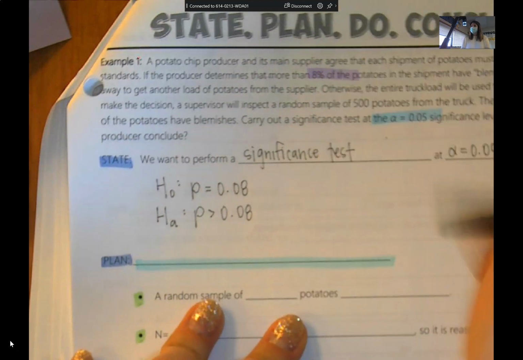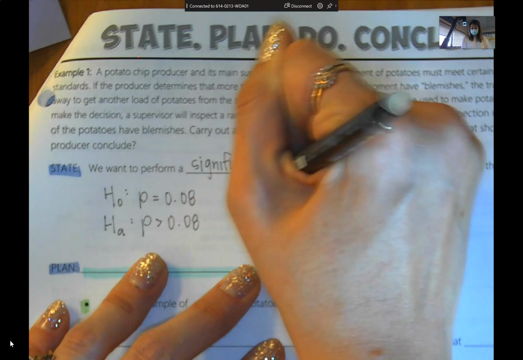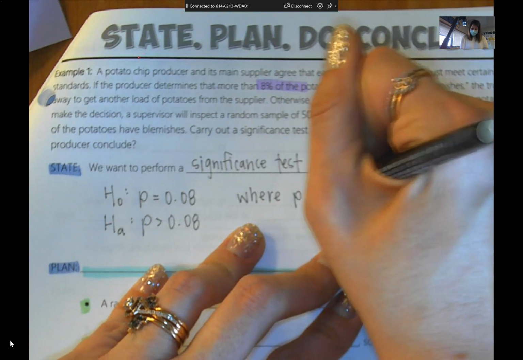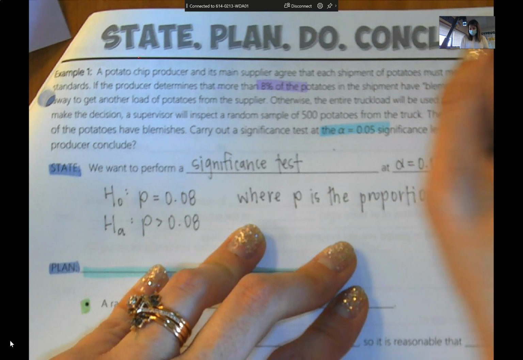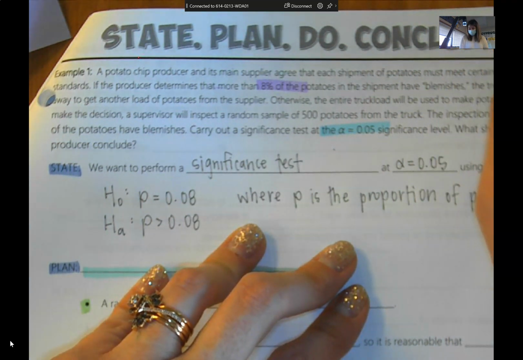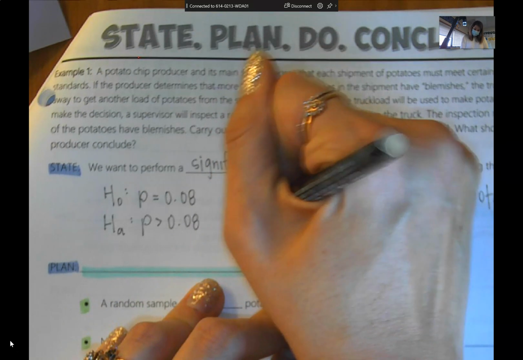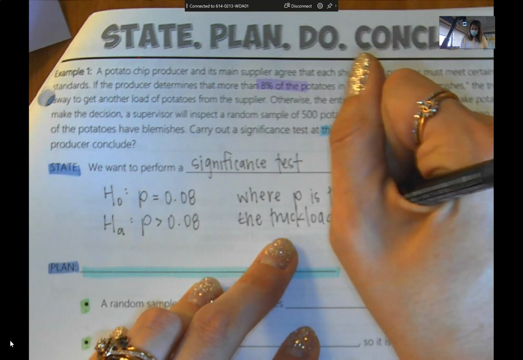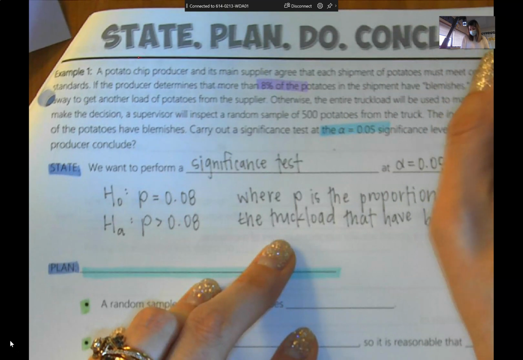Over here, we have to define our parameters. So where P is the proportion of potatoes in the truckload that have blemishes.